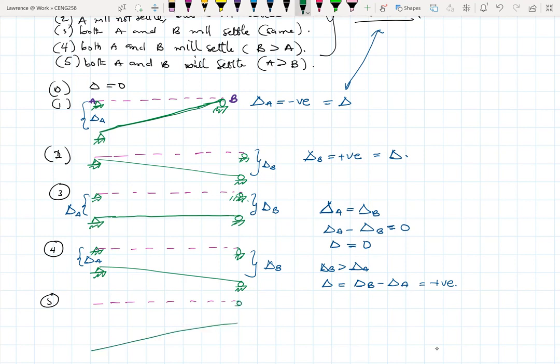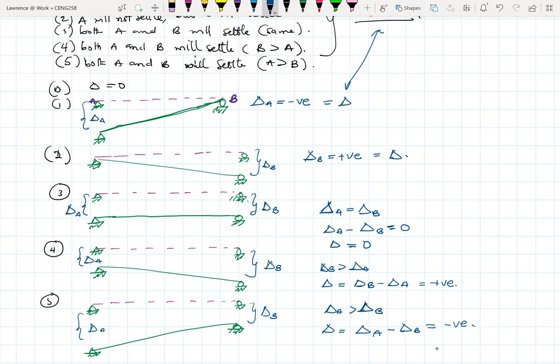So here we have the displacement. This is the pin here, and here we have delta A and delta B. Here delta A is more than delta B. Because the effective delta will be leaning towards the A side, based on our sign convention, this becomes negative.